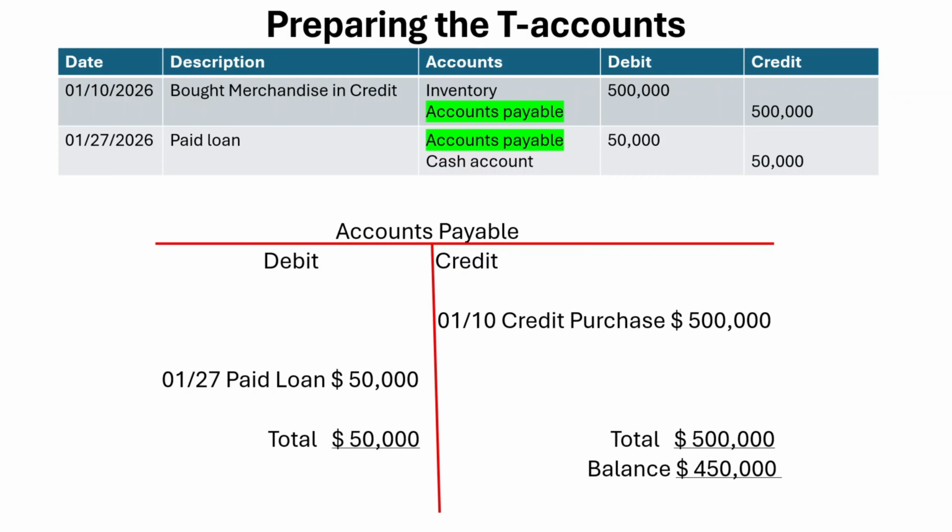The total on the credit side is 500,000, and the balance will be 500,000 on the credit side minus the debit side 50,000, which brings a balance of $450,000. So this is the loan that this organization has to pay. It had a loan of 500,000 in the beginning, then it had to pay 50,000, then it's left with 450,000. Simply that's how you can read those accounts payable recordings.